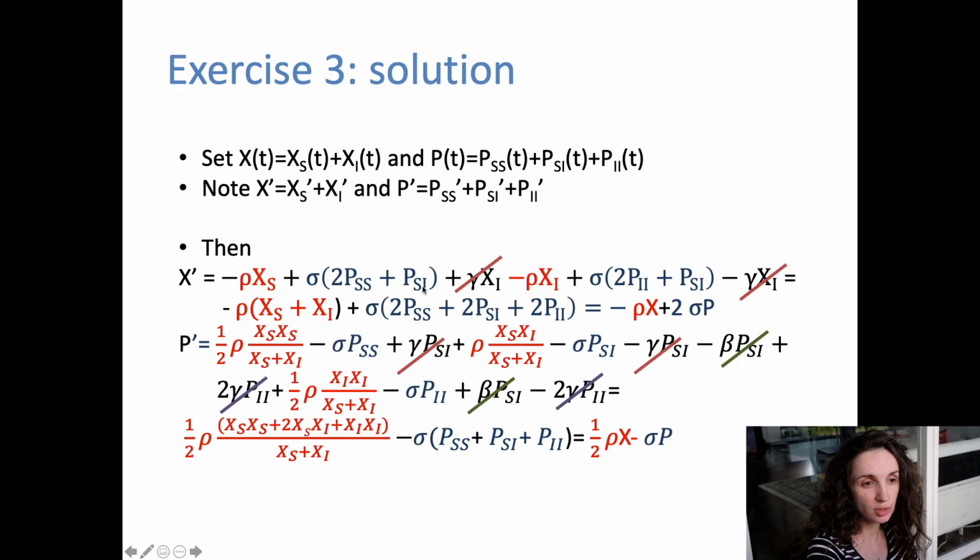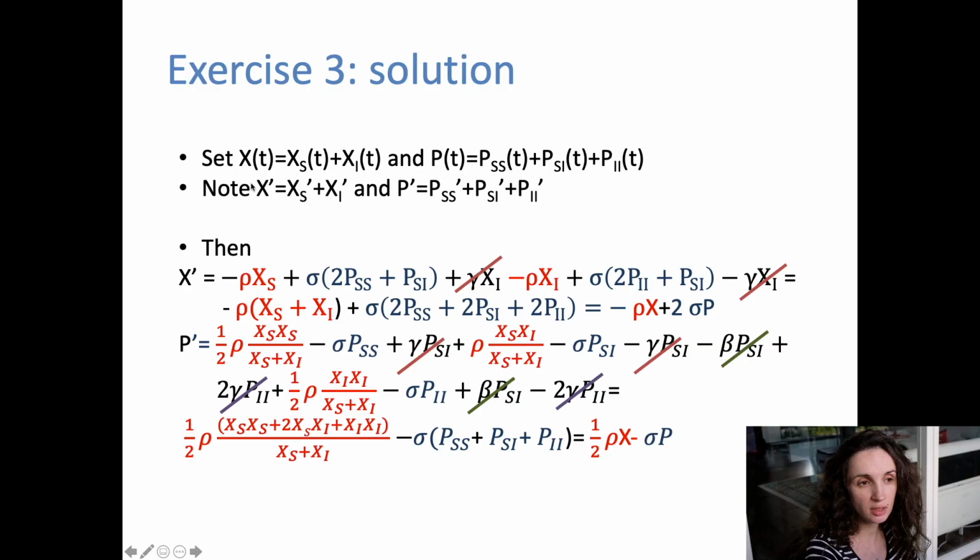Copying the terms from the definition of equations, including both relationship formation terms and disease transmission dynamics, canceling some terms, collecting the terms with the same parameter, we arrive at the following: x prime of t equals minus rho times (xs plus xi) plus sigma times (2pss plus 2psi plus 2pii), which we of course recognize: the first bracket, xs plus xi, is equal to x of t, while the second bracket is p of t multiplied by 2.